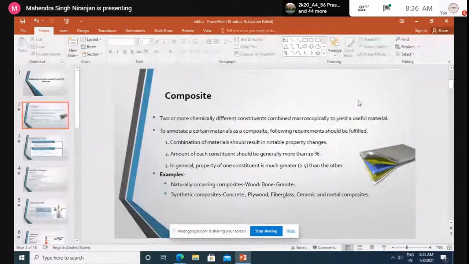According to the need, we have to mix the chemical composition. So different constituents are mixed in the material. It may be different types of composites, reinforcement composites, or metal matrix based composites. Composite may be reinforcement based.